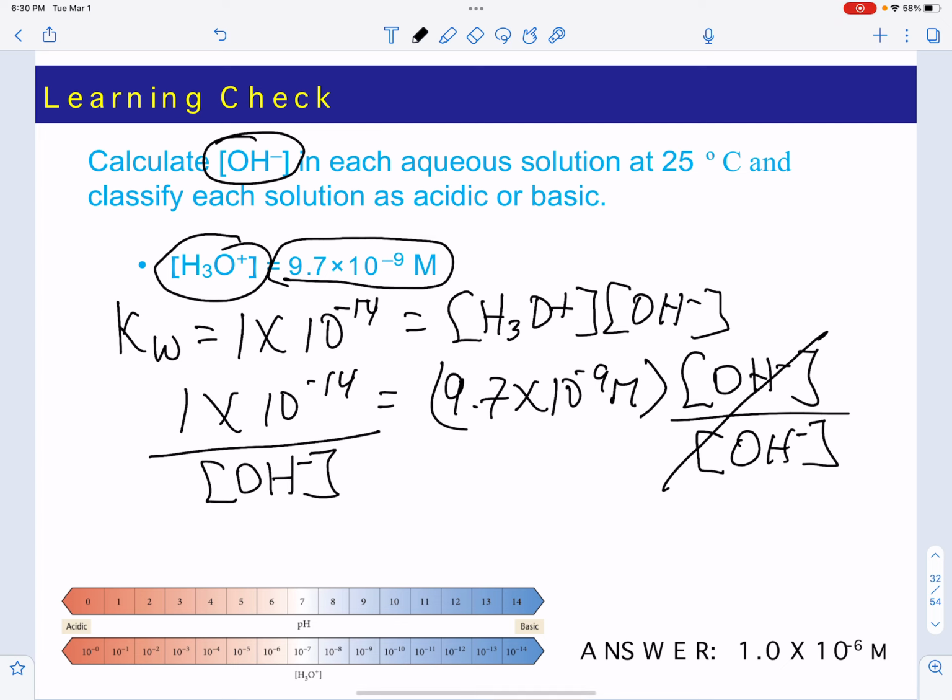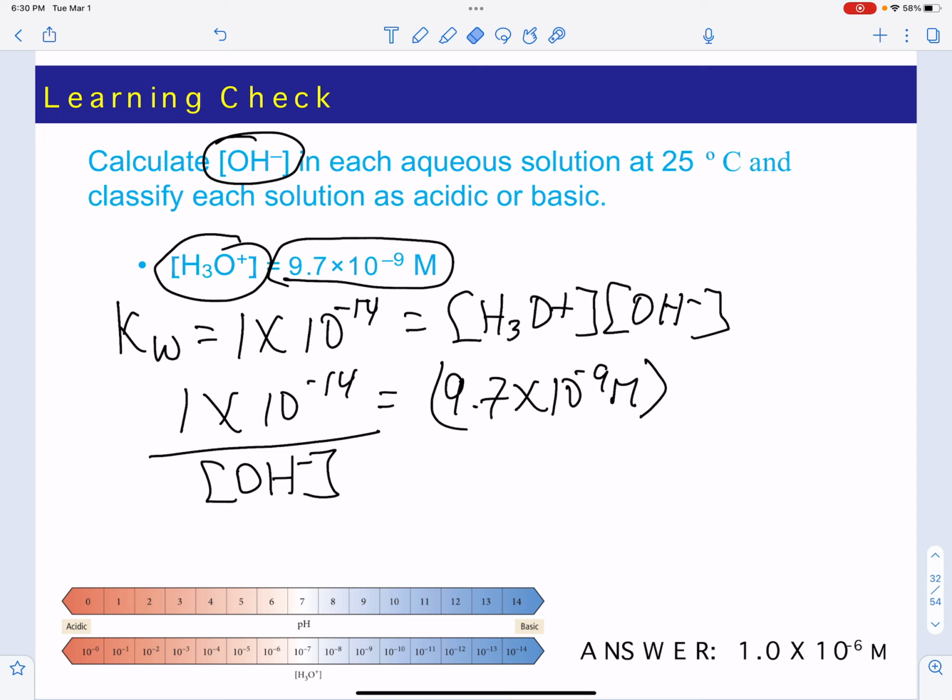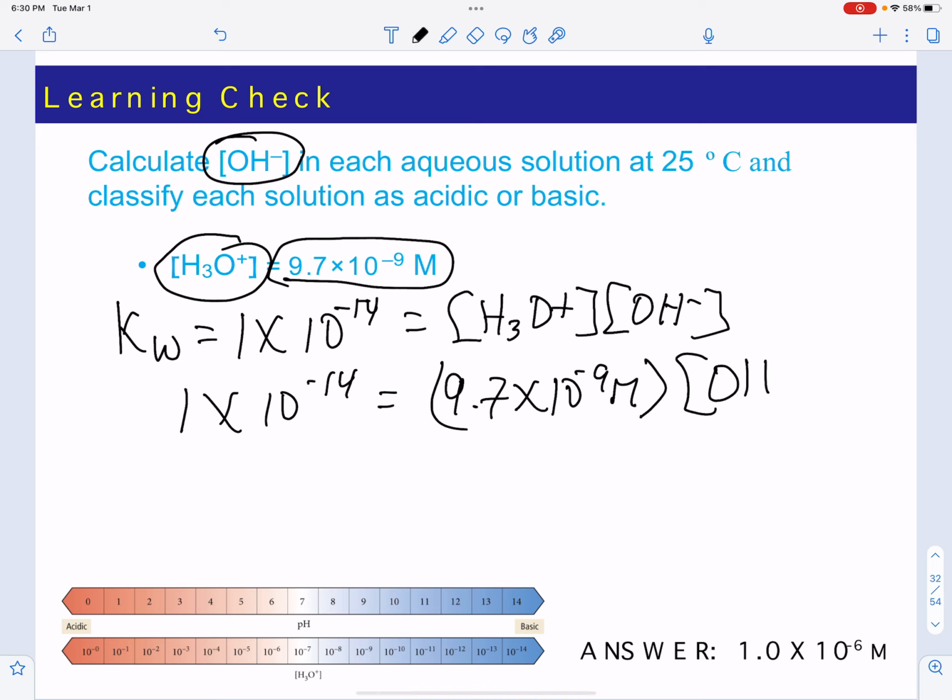That tells me that 1 times 10 to the minus 14 divided by hydroxide gives me that, which doesn't help me at all. That's not what I want to do. So we go back to square one. Obviously, that wasn't what I needed, right?